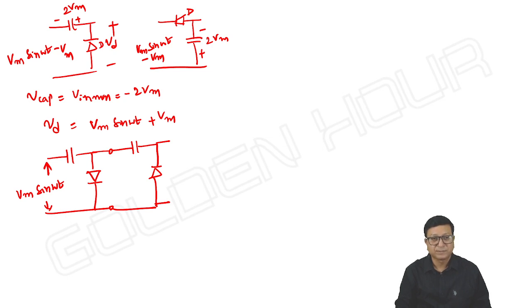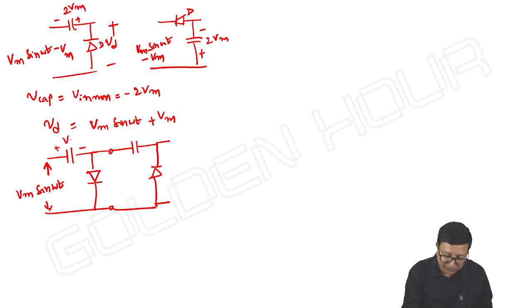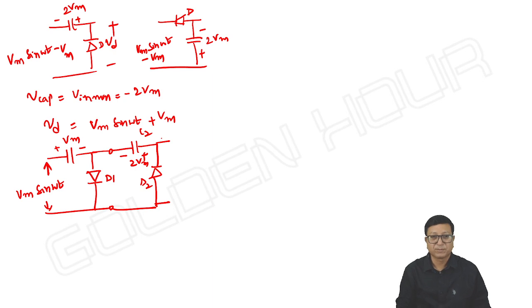Then this capacitor will charge up to Vm and this will charge up to 2 Vm. It is D1, D2, C2. Is it not so? Now the same thing, negative clamper.